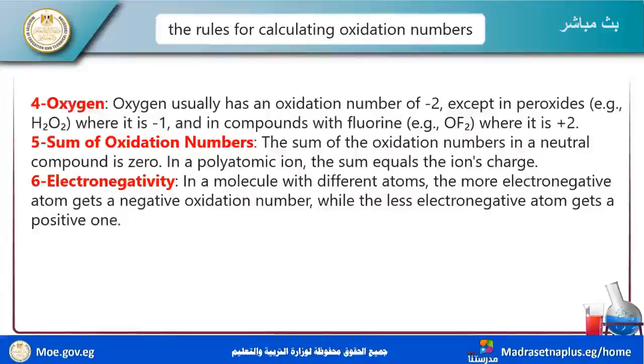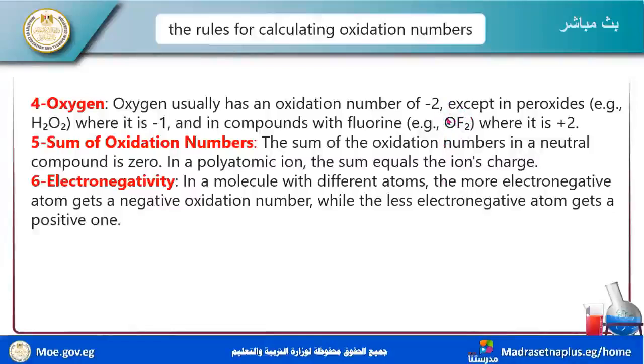Now, in compounds with fluorine, oxygen with fluorine, OF2, because fluorine has the highest electronegativity in the periodic table, fluorine equals negative 1 times 2, so oxygen is positive 2.